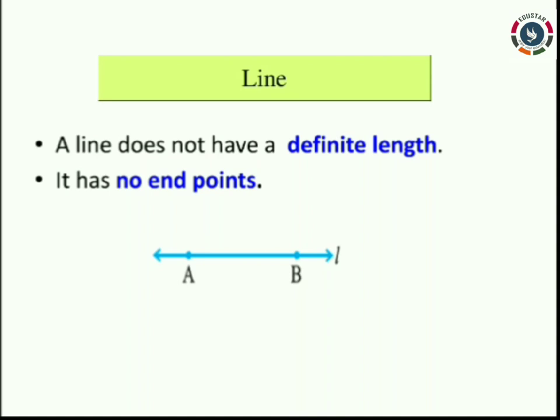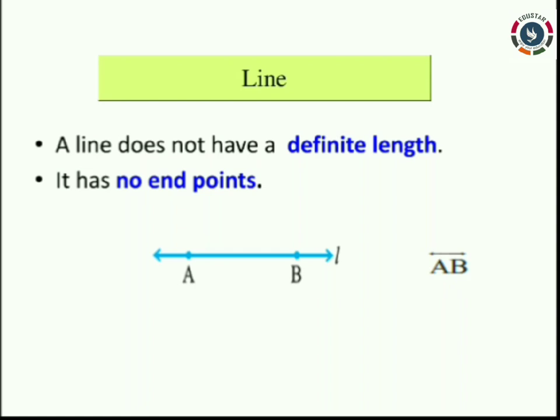Line means, imagine that the line segment AB is extended beyond A in one direction and B in another direction without any end. A line can be illustrated by drawing arrows at the ends. How will you denote a line? AB.